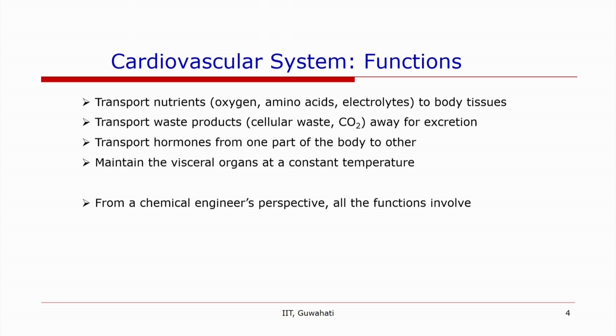The oxygen is picked up in the lungs and the waste carbon dioxide is released when the blood exchanges oxygen and carbon dioxide in the lung, and the oxygenated blood is circulated in the entire body and supplied to different body tissues. At the same time, it also transports the waste products of the cells for excretion from the kidneys.